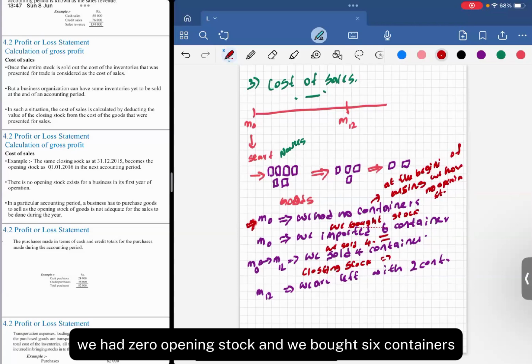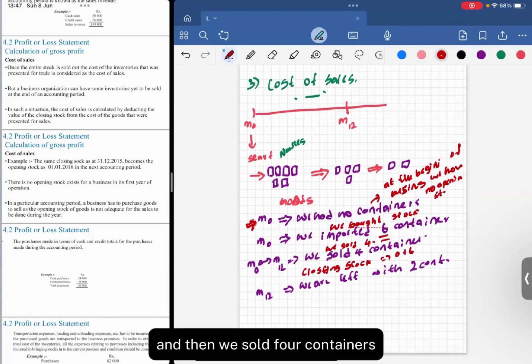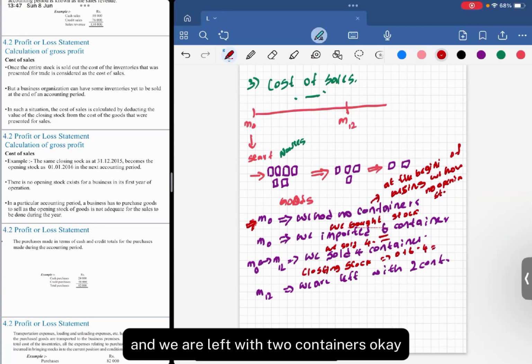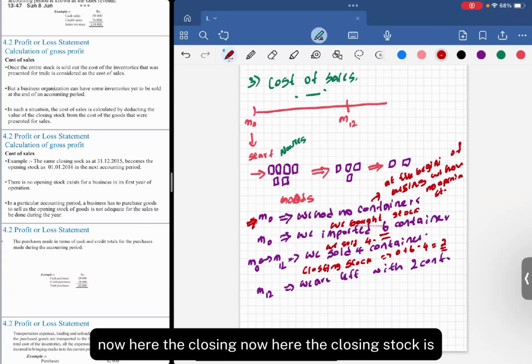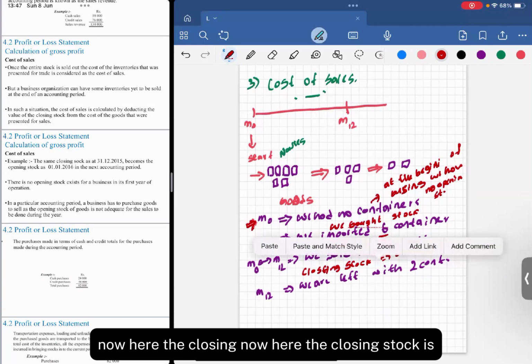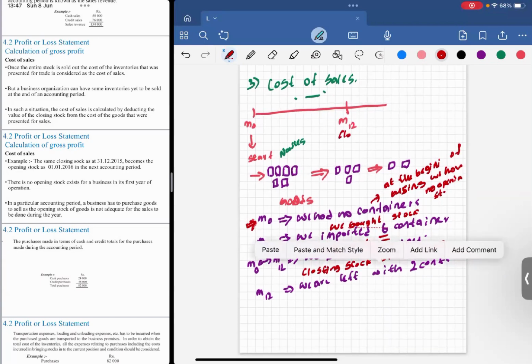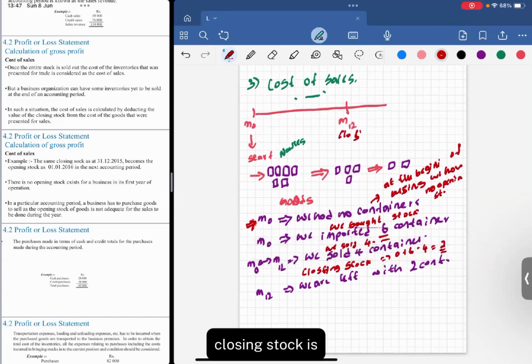We had 0 opening stock, and we bought 6 containers, and then we sold 4 containers, and we are left with 2 containers. So closing stock is 2 containers.